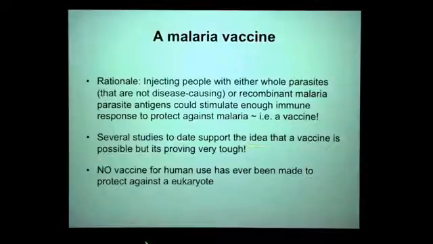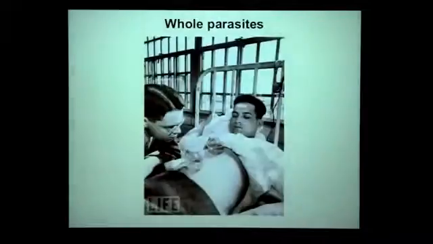But it is worth stressing that to date there is not a single human licensed anti-eukaryote vaccine. There are plenty of vaccines out there which work so-so against viruses and bacteria, but there is no vaccine against a eukaryotic pathogen. There are in pigs actually, but not for human use. So that's part of the challenge that we're really facing.